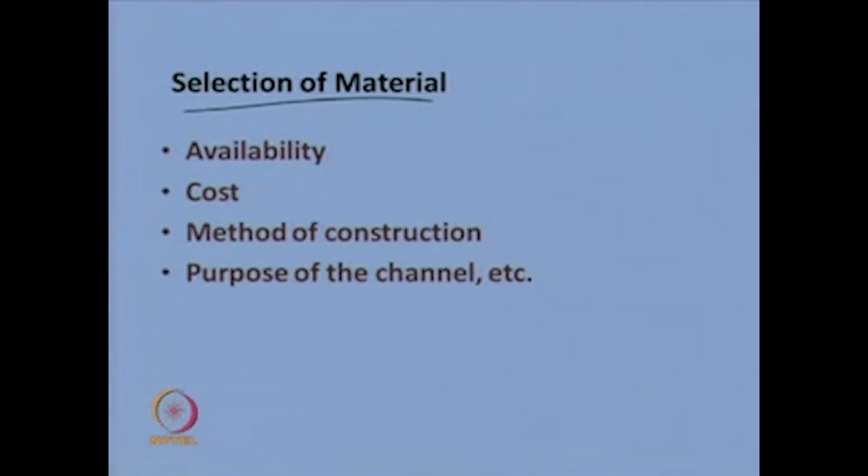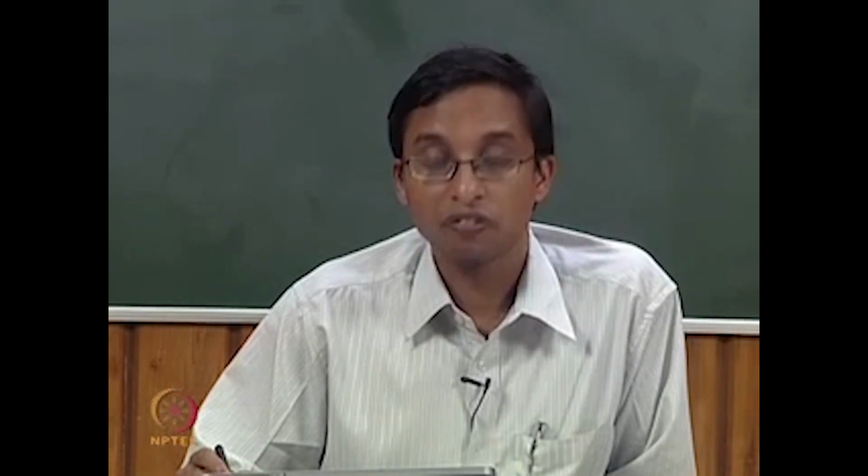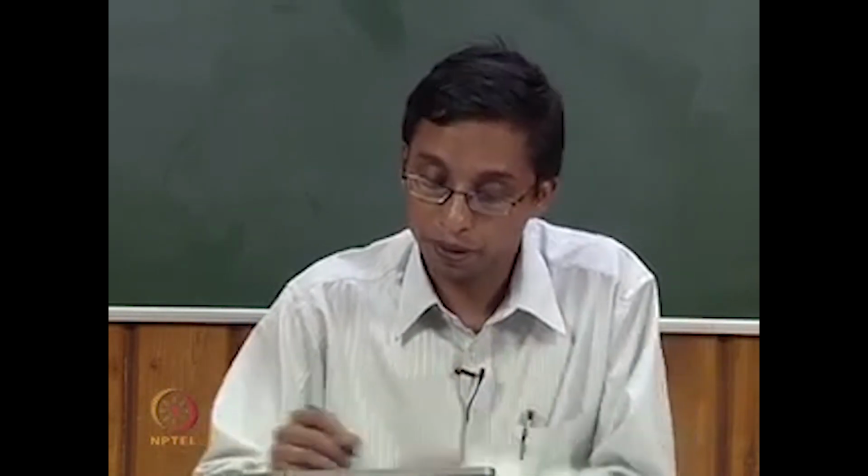Definitely, the availability of the material plays a very strong role in adopting that material as the lining material for the given channel. For example, if it is a slightly hilly area where a certain type of rock is very much available, that rock can be readily used as a lining material in the channel passing through that region. It is cost efficient also.